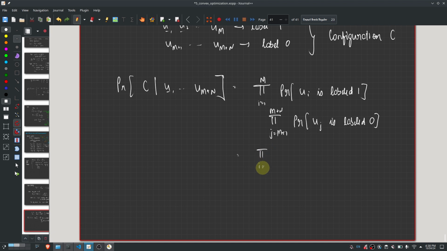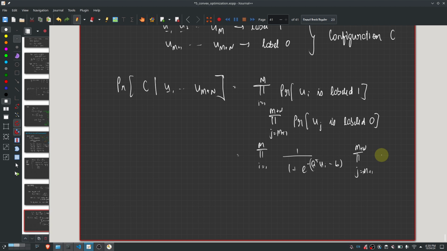which is nothing but the product for i equal to 1 to m of 1 by 1 plus e to the minus a transpose ui minus b, times the product for j equal to m plus 1 to m plus n of 1 minus this particular quantity. So what is this probability equal to?